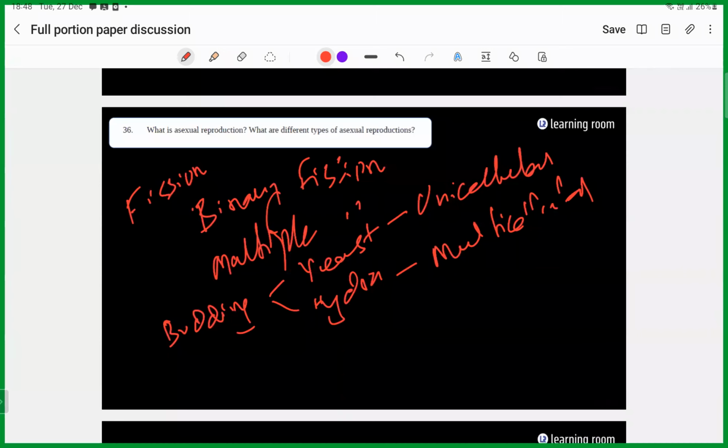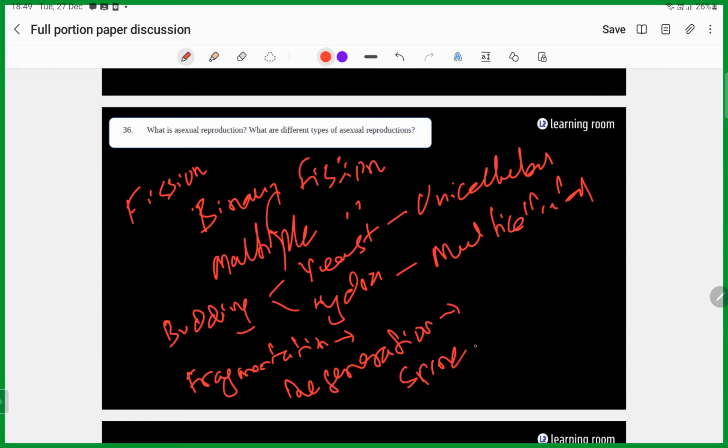Next, what method have you given? Fragmentation. Example: Spirogyra and planaria. Very good. Regeneration: I gave planaria, sir. Planaria and hydra. Very good. And then what method?